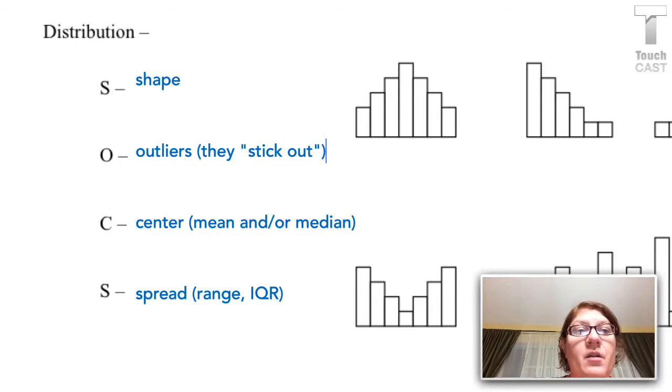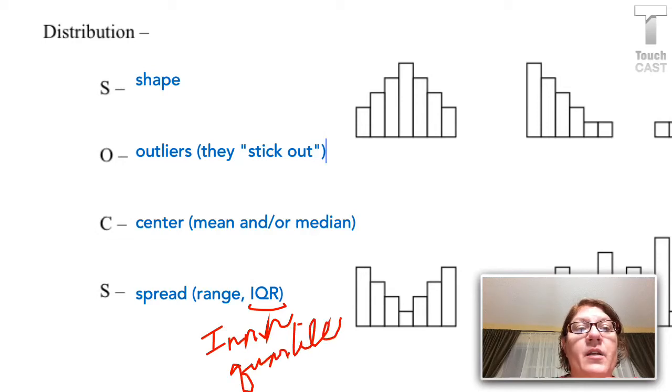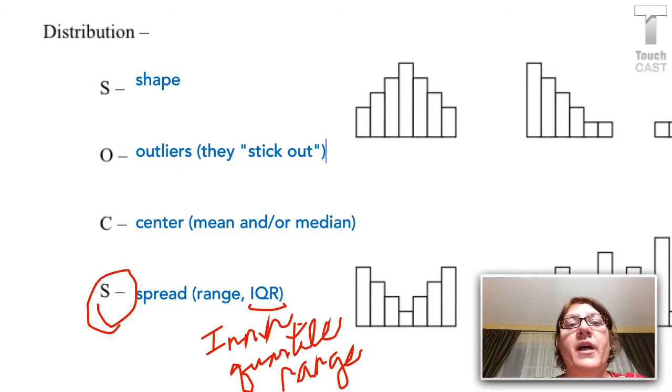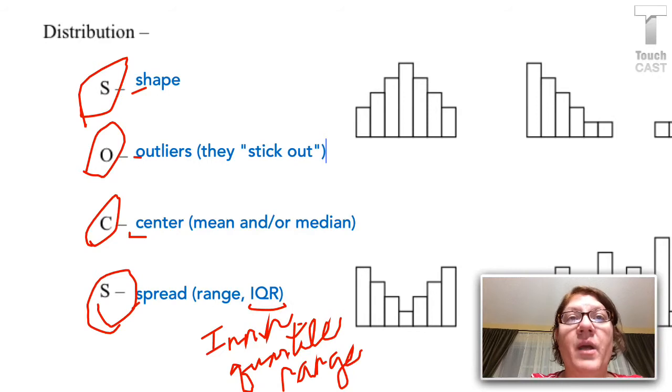And then spread, which is either the range or the interquartile range, and that's what IQR stands for, is interquartile range, and we'll talk about that in a little bit and how we actually find it. So, SOCS, and I'll ask you this in class, again representing each of those first letters, but that's an easy way to remember and remind yourself how to talk about distributions.